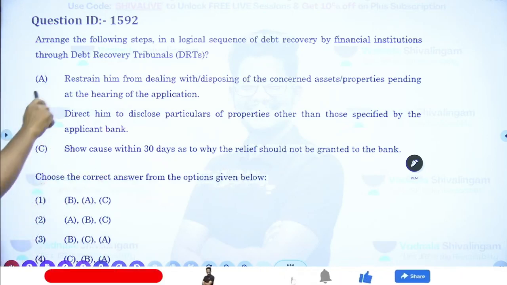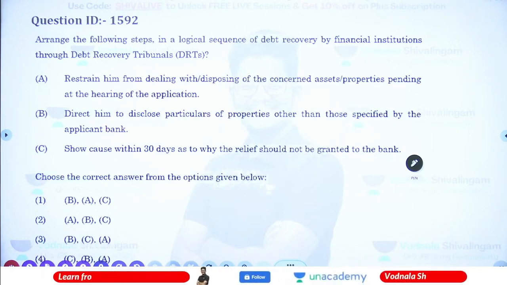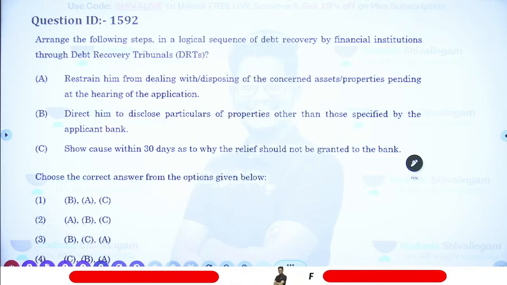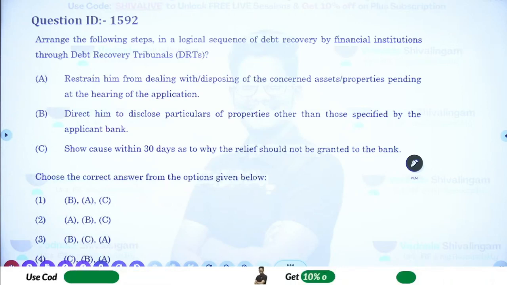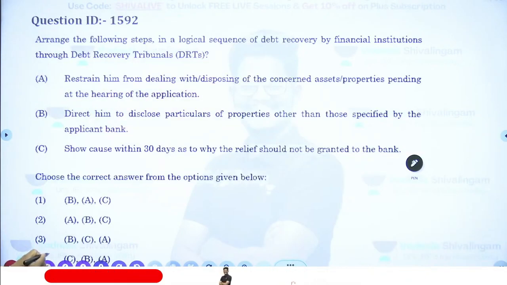We don't require understanding the entire process of DRT to answer this question. So the answer for this question is D, CBA.